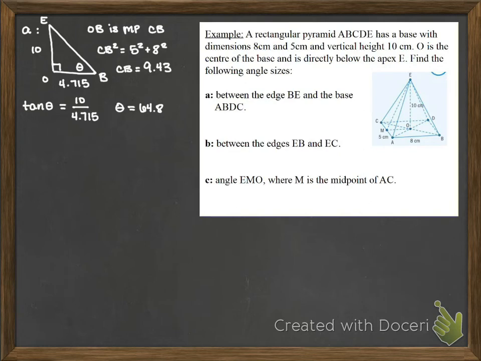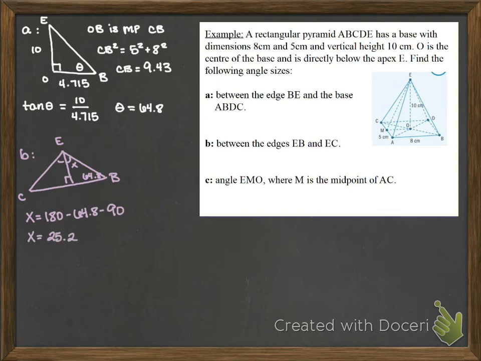Next, we want to find the angle between the edges EB and EC, and if we notice, those are slant heights down our pyramid, which means that they are the same length. It also means that straight down, our angles are getting bisected. We already know angle B is 64.8, so we can find that top angle by doing 180 minus 64.8 minus 90, and we get 25.2.